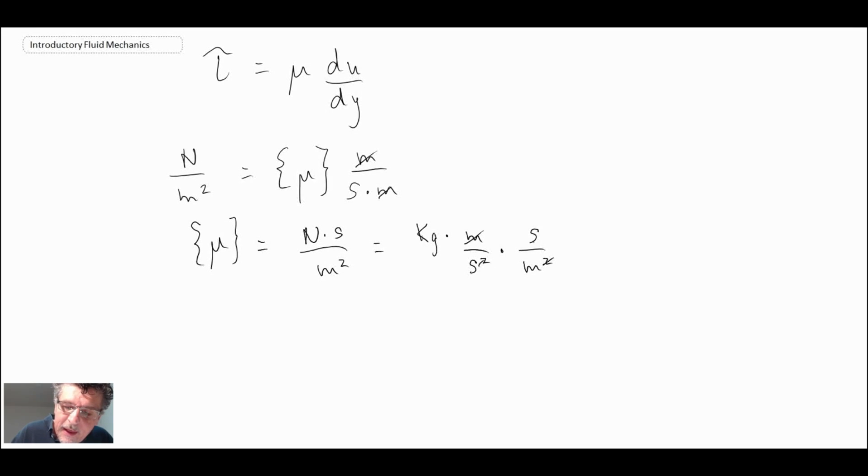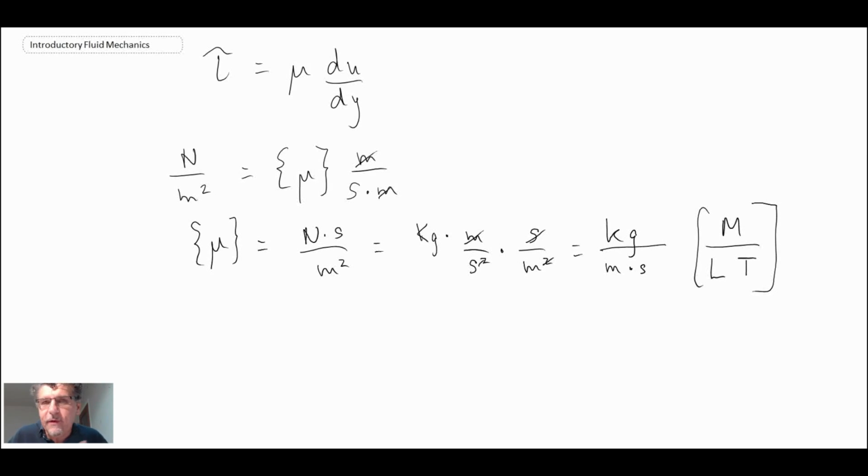So what we end up with for the viscosity is kilograms divided by meter second, or meters second. And so essentially what we have are units of mass divided by length times time. So those would be the units of viscosity.